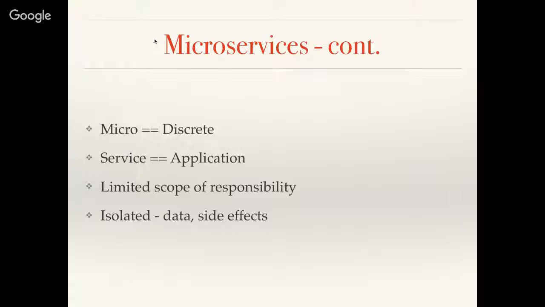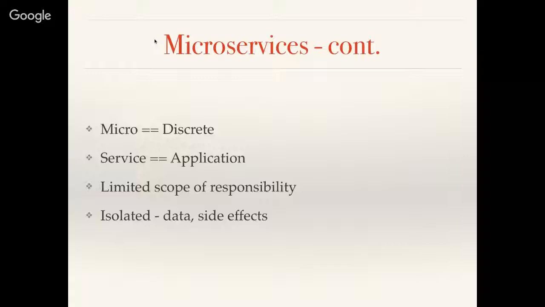Oftentimes, even in SOAs, we have these big services that are huge and really tough to manage, right? They still are big. It's more that we're orchestrating things between a bunch of big monoliths, and so they still have the same kinds of problems. This architectural style is built around being more flexible and responsive to things.